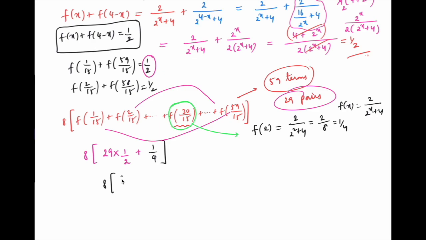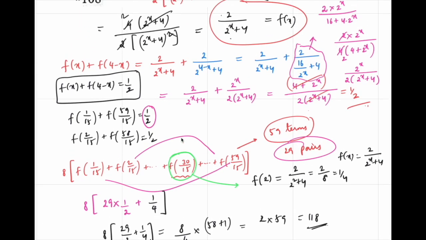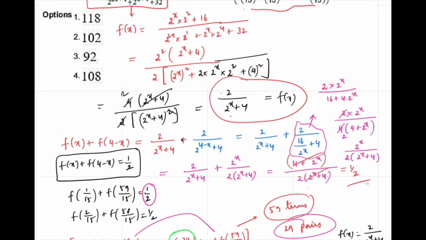So 8 times (29 by 2 plus 1 by 4), which is equal to 8 times, with the denominator 4 as LCM, (2 times 29, 58, plus 1) upon 4, which is equal to 2 times 59, that is 118. So we go with the answer 118, which is option A.